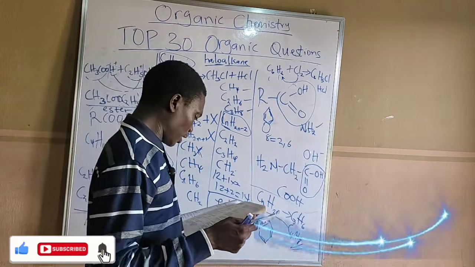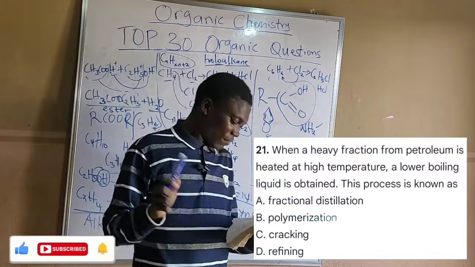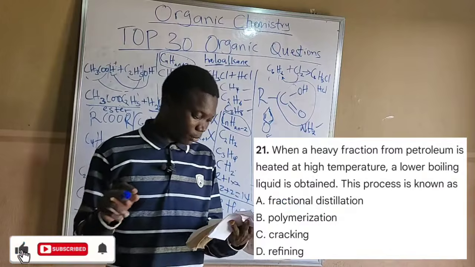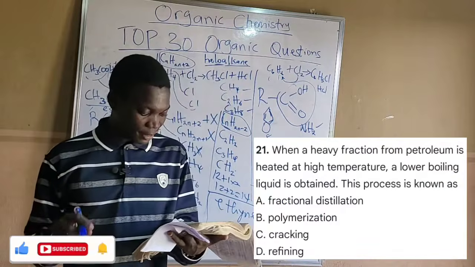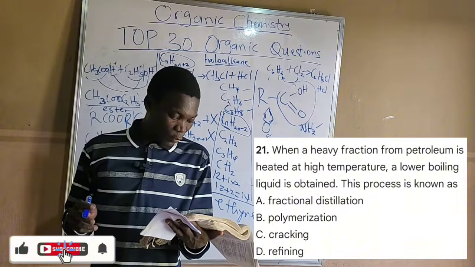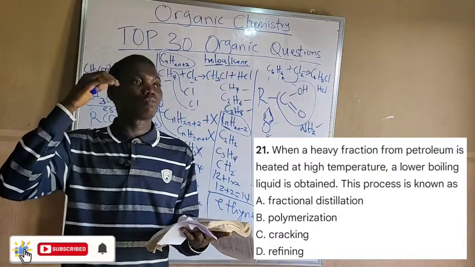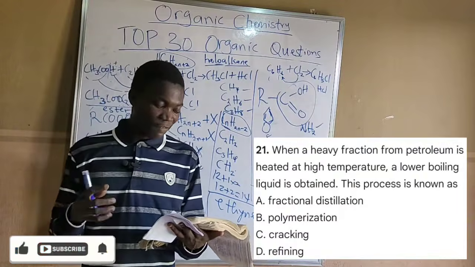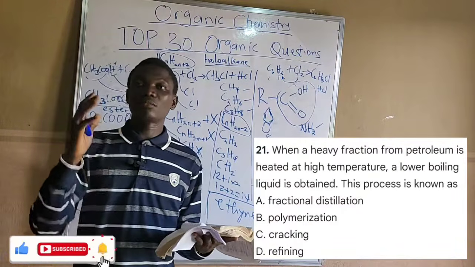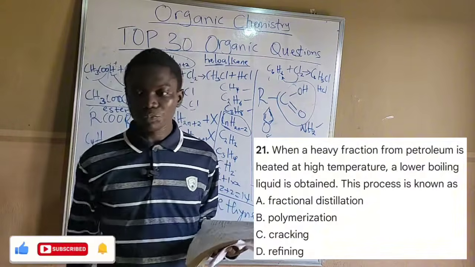So the next question says, when a heavy fraction from petroleum is heated at high temperature, a lower liquid is obtained. The process is known as what?